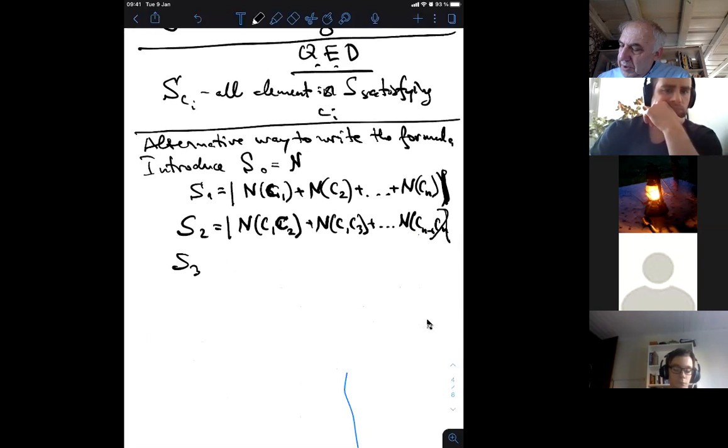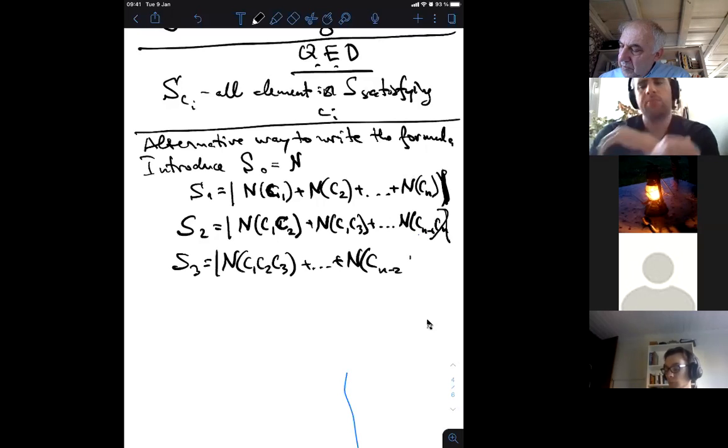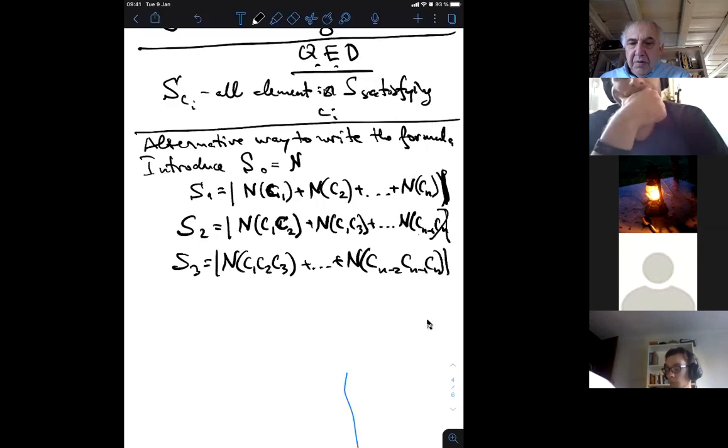Now S3 would be the sum of the sizes of the sets satisfying three conditions. And so on.